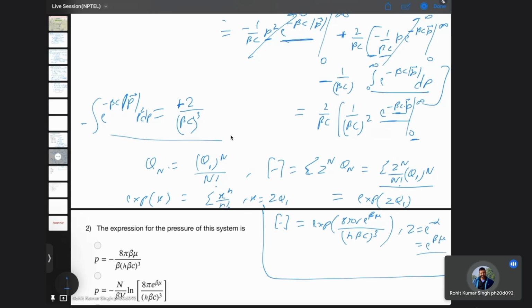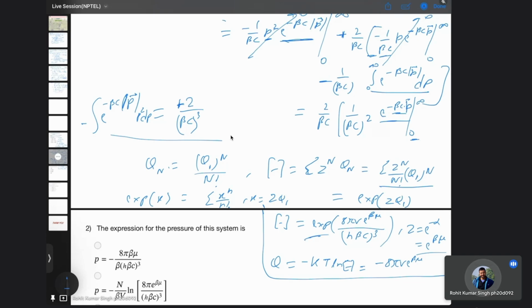Okay, and then the grand potential function, as you know, is just kT ln of this, which will be 8 pi v e to the power beta mu. So ln will cancel with the exponential, and you have another beta c cube.